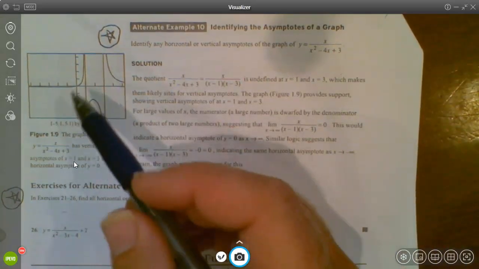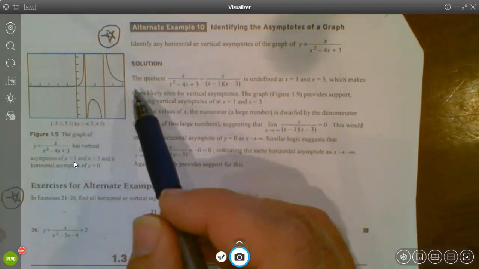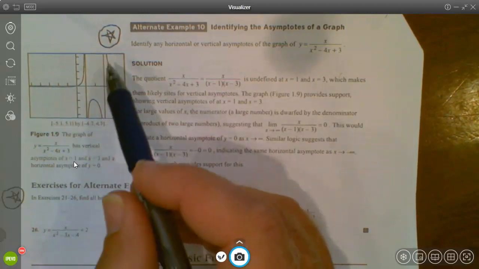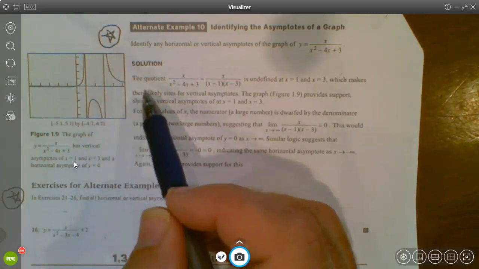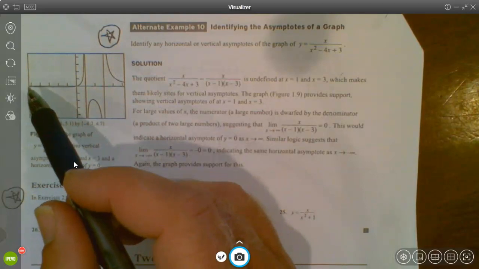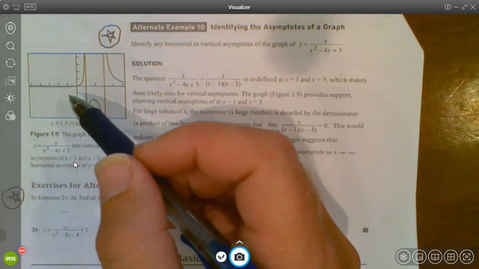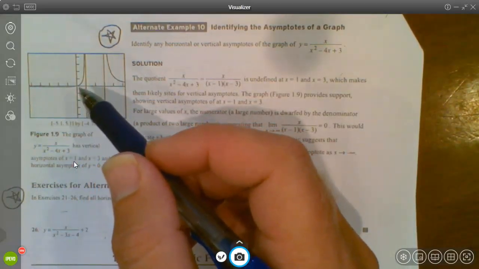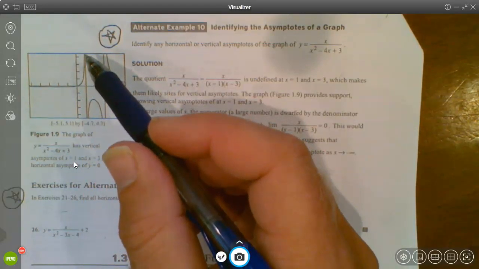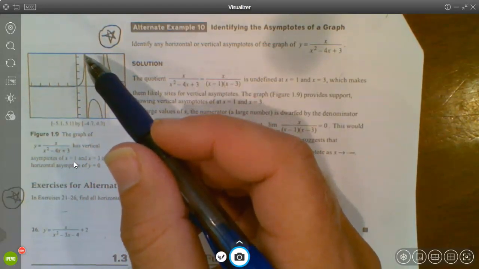For this one, just a note, my horizontal asymptote, you'll notice that my graph is approaching 0 forever to the right. It's still doing that on the left, but something kind of interesting takes place on these. In a horizontal asymptote, you can have your graph cross a horizontal asymptote.